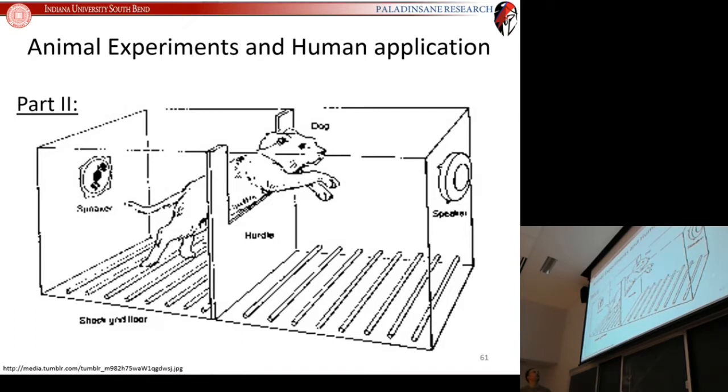A tone would sound from a speaker, and shortly after the tone sounded, the floor would start to get shocked, and then the dog could jump over to the other side in order to escape the shock. And if the dog could learn that the tone signaled the shock, then the dog could jump over to the other side and completely avoid the shock. So the question was, would the prior learning in part 1 affect the subsequent learning here in part 2?